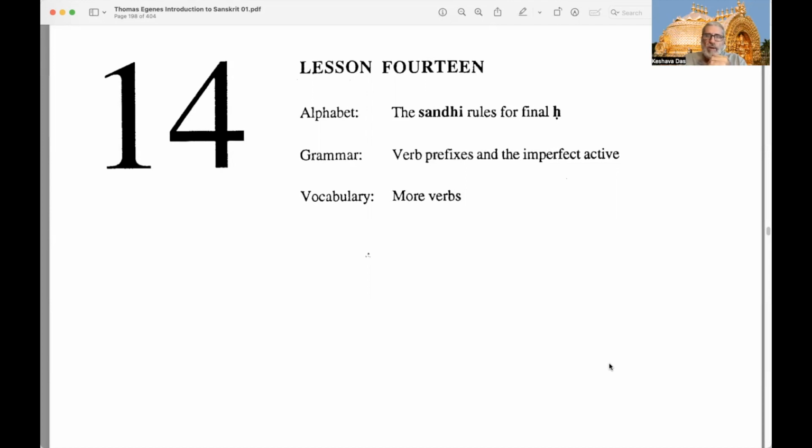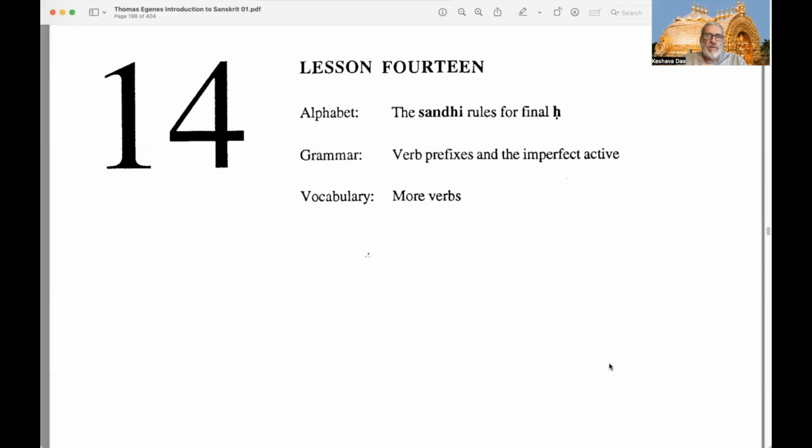In the grammar, we're going to introduce a new tense here, the imperfect active. Imperfect is a past tense. And we're going to talk about prefixes for verbs, verbal prefixes. Then in the vocabulary, we're going to get some more verbs. Up until now, we've mostly had parasmaipada verbs that had these active endings.